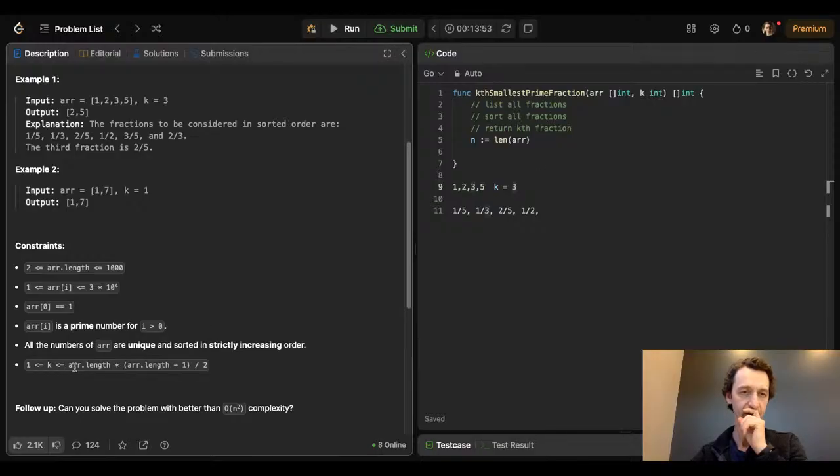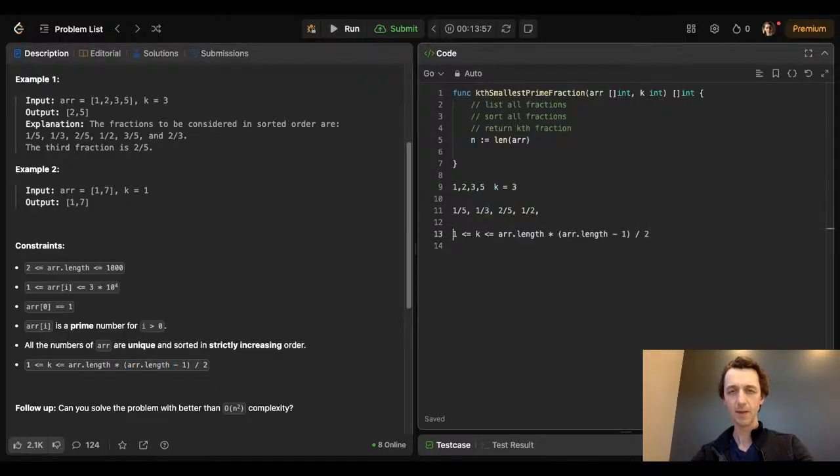Yeah, right, because this is what this is. If we look at that specifically, this is n squared.